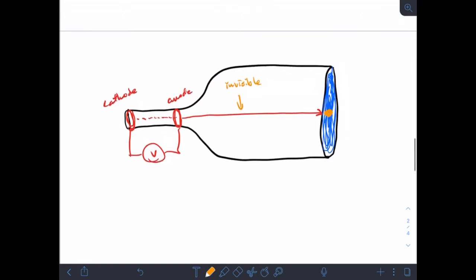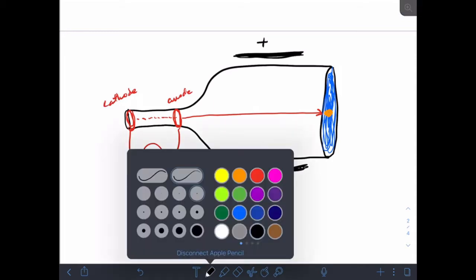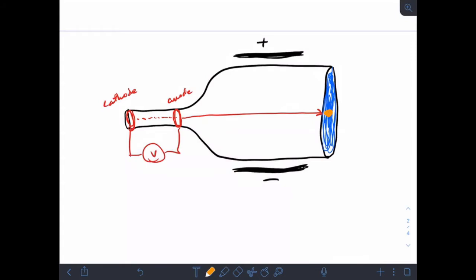They started to play around with other aspects of what they could add to this cathode ray tube, and they stuck some magnets on each side of the tube, one positive side and one negative side. When they did that, they found that their beam of light was attracted to the positive end.